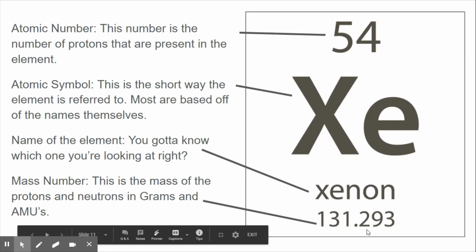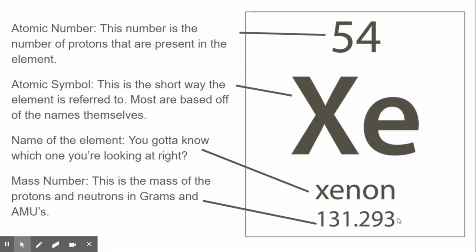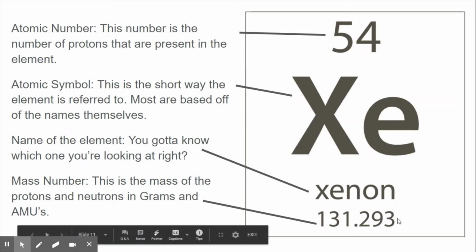This number is actually an average of all the different types of xenon there are, because there are things called isotopes, which we'll talk about some more later, that are just different versions of an element that have fewer or more neutrons.